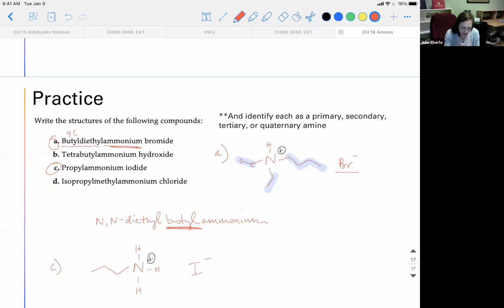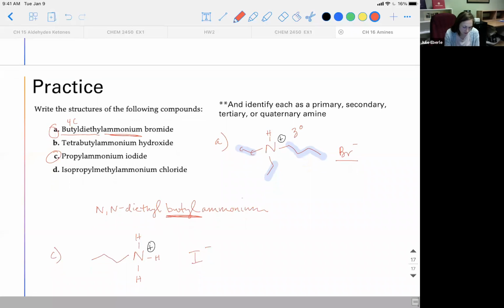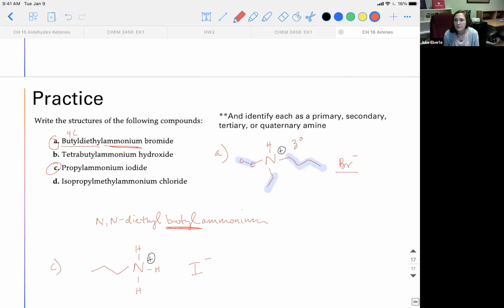It is tertiary. Okay, what about the propyl ammonium? Primary. Yep. So does anybody have questions on how we're labeling? Anybody confused on how we got tertiary or primary? I didn't explicitly walk through that, but it seems like y'all understand.